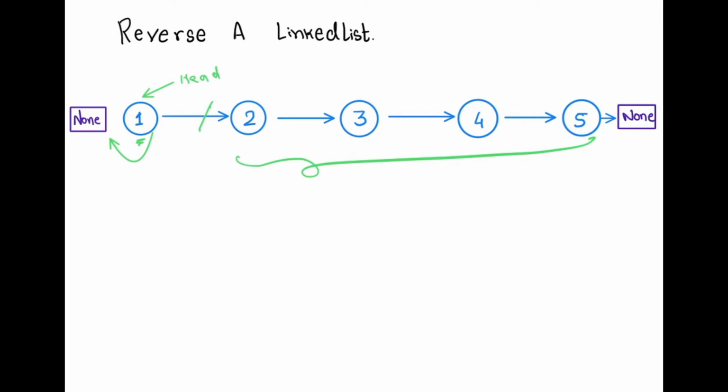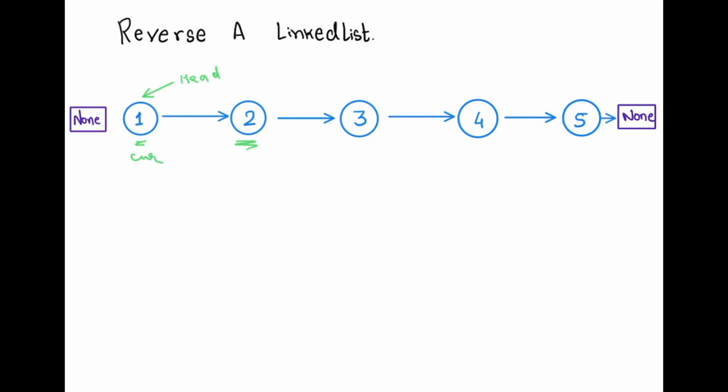We can solve that in a way that when we are iterating over a node, before breaking this connection and establishing a new connection to the previous node, we can store this next node pointer reference. We are iterating over this node.